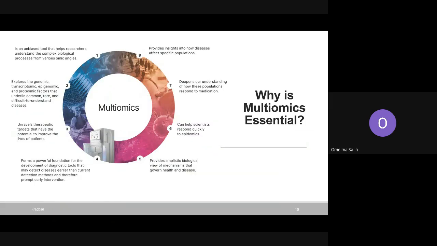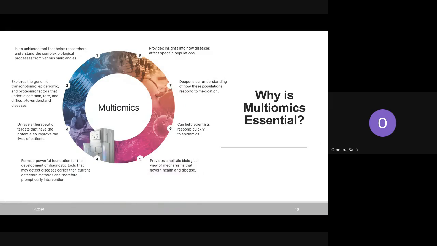So why do we need to study or use the approach of multi-omics? There are, of course, different benefits. It gives the researcher more understanding of the complex biological processes. It gives more insight into the study of rare and difficult to understand diseases.